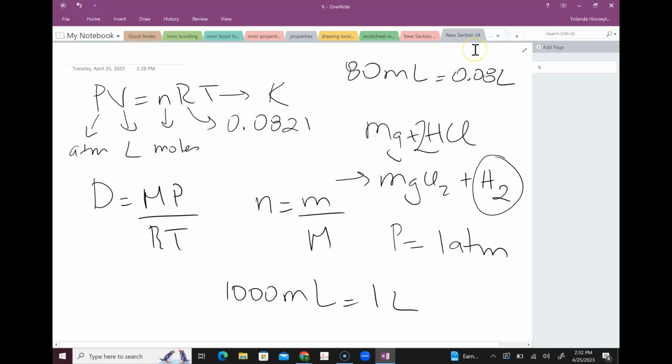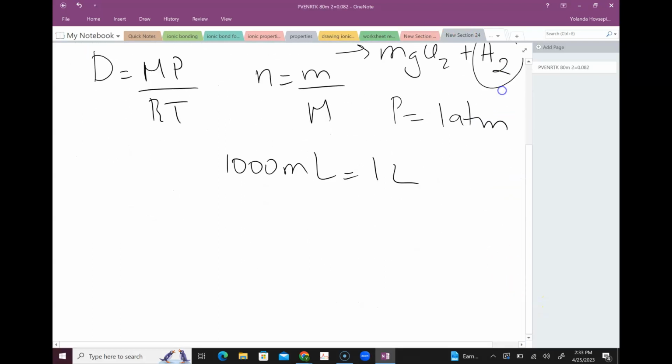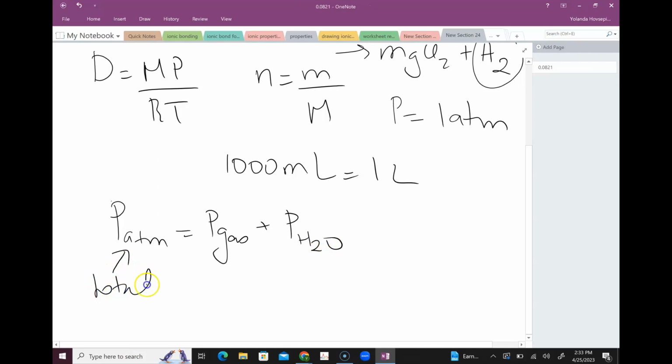Now, the other thing that you have to calculate when you're doing this with the gas collected over water, which is exactly what you did, is this idea of gas collected over water, which I wrote down the formulas for you, if you remember this formula. So this means total pressure, atmospheric.